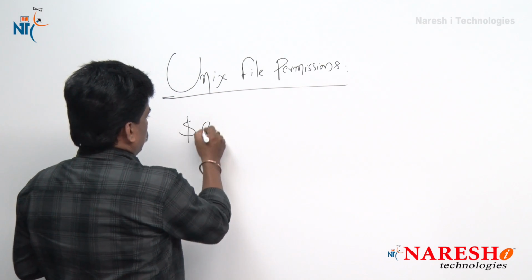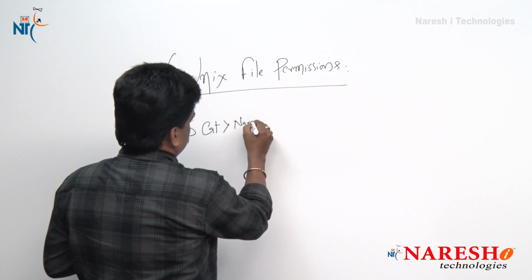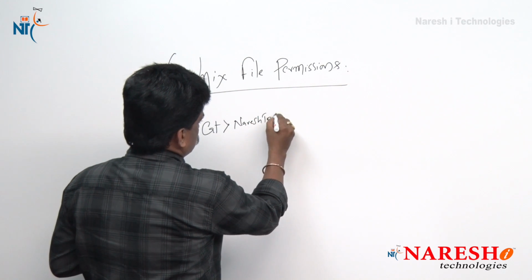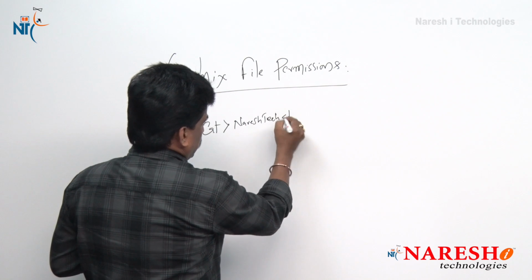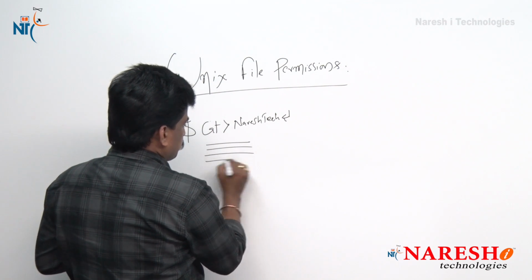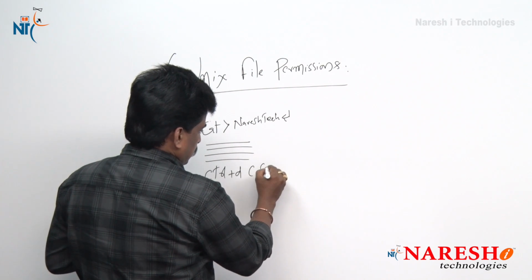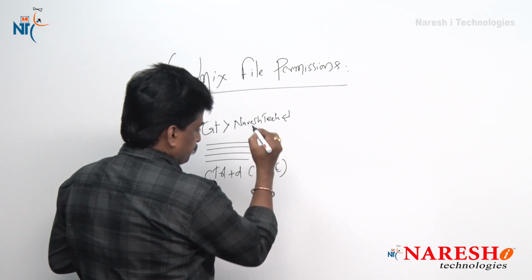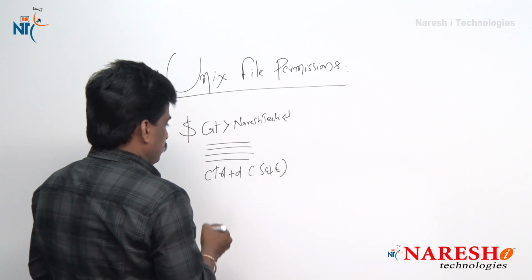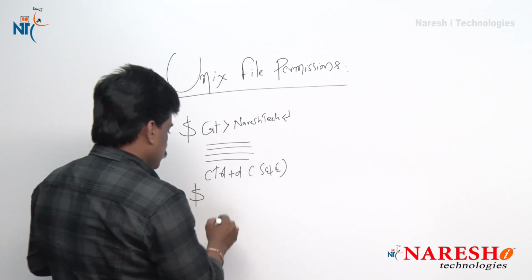First, we can create a file. With cat, I am creating a file, Naresh Technologies. Once you have created it, hit the return key and type some lines, then Control plus D to save and exit. Then the prompt will come as usual.